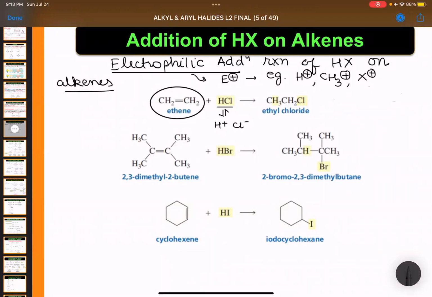Is it the Cl minus or is it the H plus? Yes, Samira? H plus. Why H plus? Because it is an electrophile. Yeah, it is an electrophile, but why can't Cl minus go and attack on the alkene?